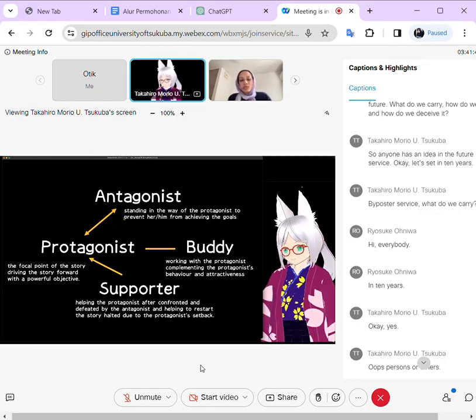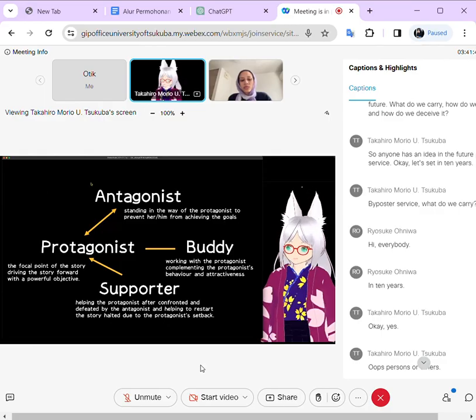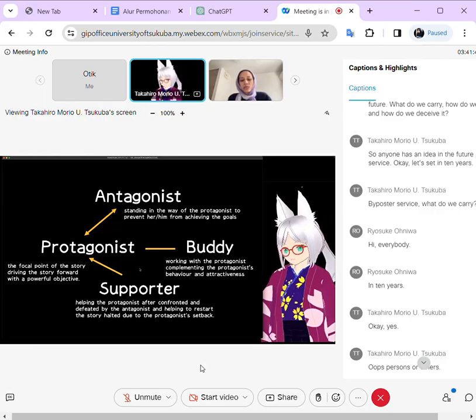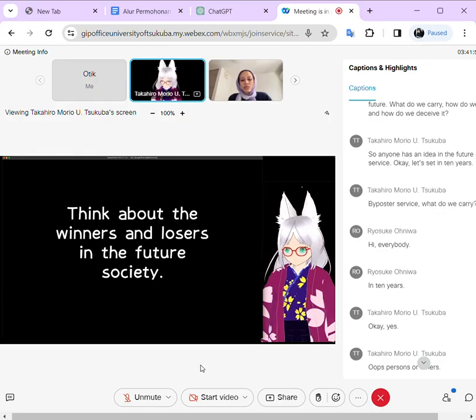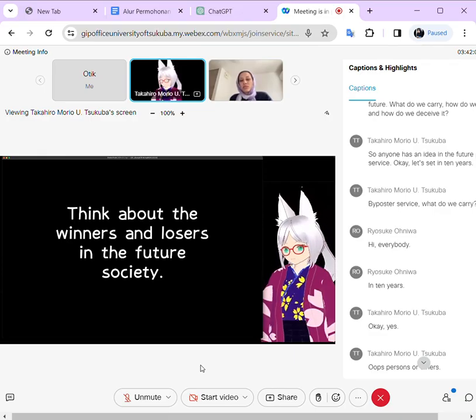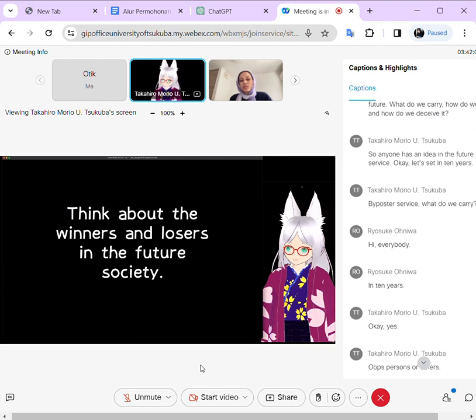And also, you can add some characters around them, like Princess Leia or C-3PO or R2D2 and so on. And to set the characters' features, think about winners and losers in the future story.